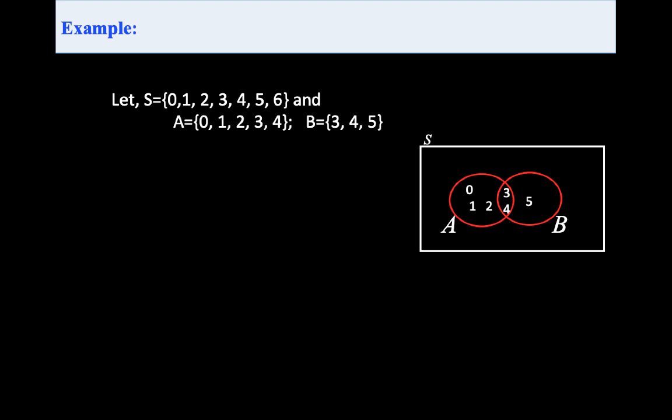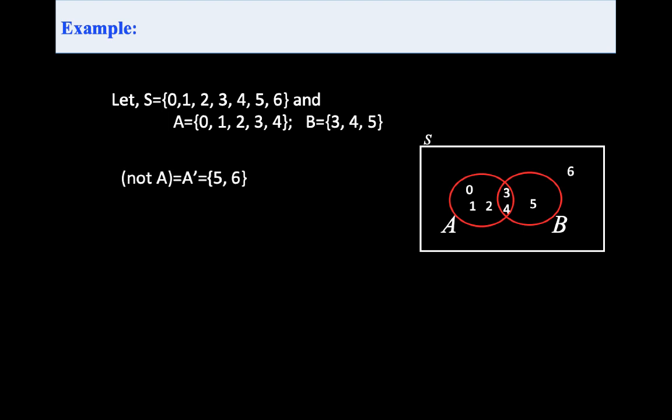Therefore the last number, 5, is in the region only B. So now go back to the sample space. What are the numbers of the sample space? 0 to 6. We already have numbers from 0 to 5, but 6 is not placed yet. So 6 should be outside of the two circles.